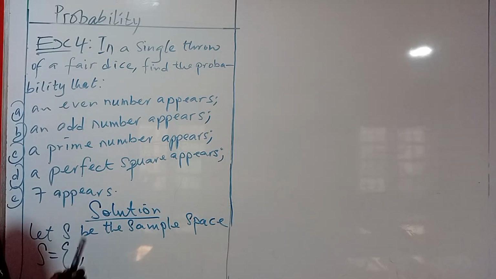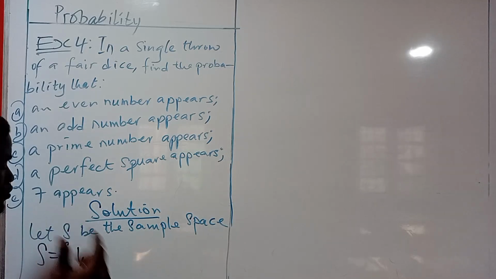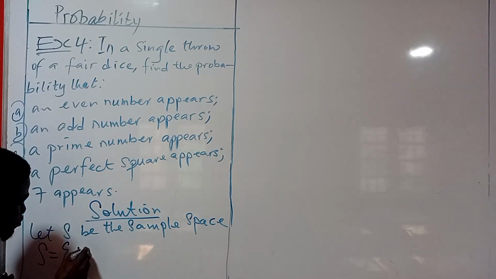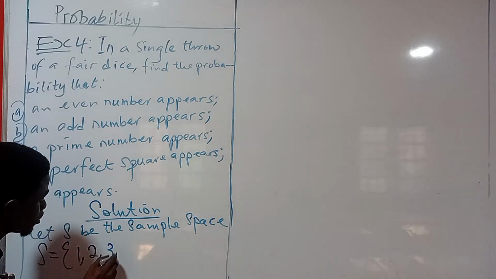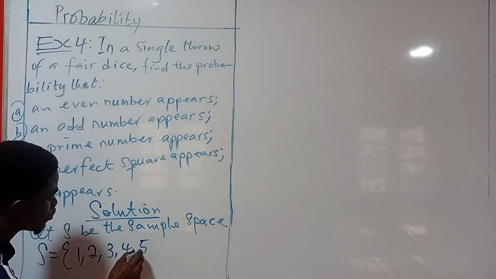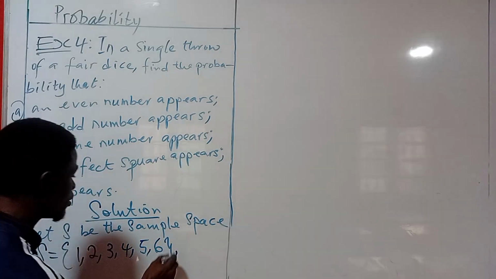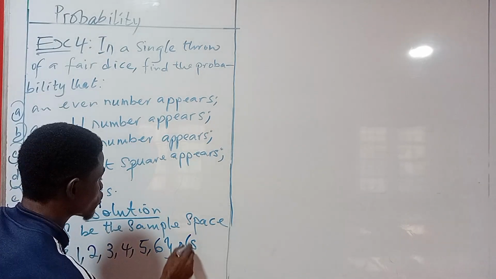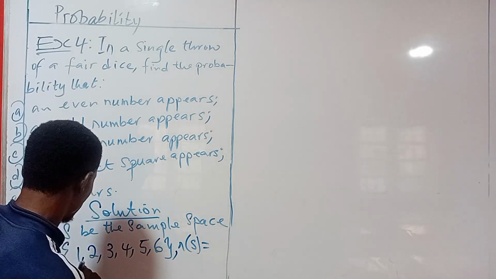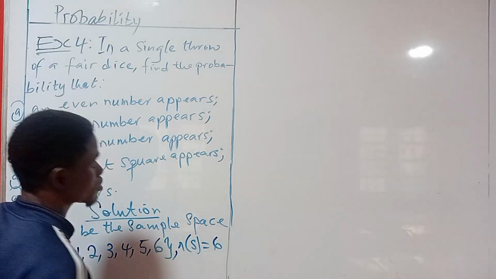A die has 6 faces. So we have face 1, face 2, face 3, face 4, face 5, and face 6. And what is the possible outcome of this? It is going to be 6.